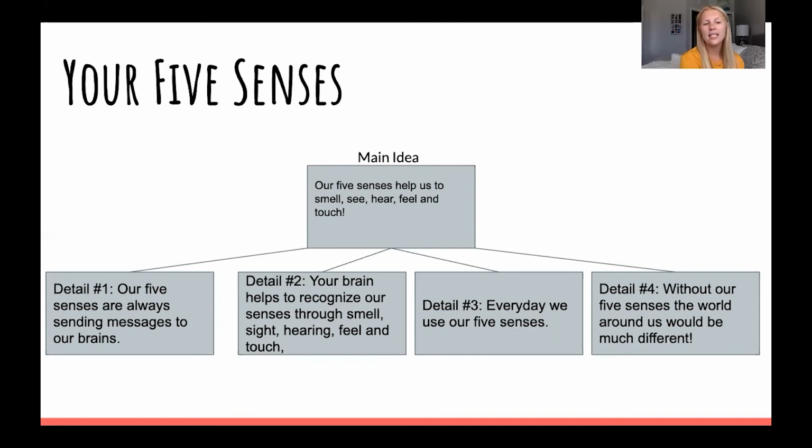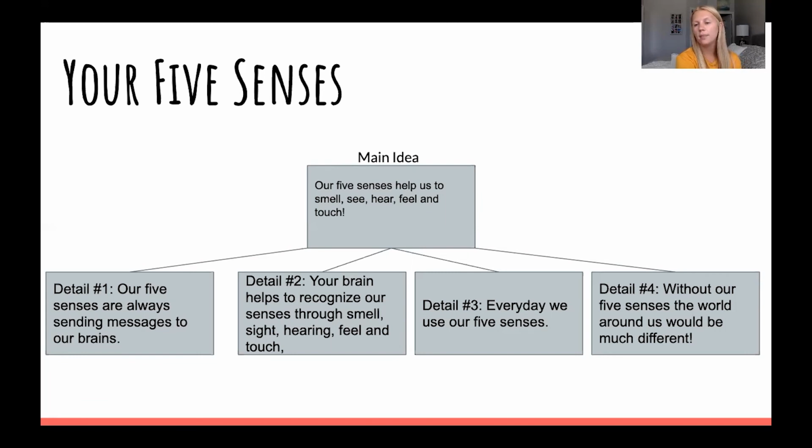Let's begin with detail 1. Our five senses are always sending messages to our brains. Detail 2, your brain helps to recognize our senses through smell, sight, hearing, feel, and touch. Detail 3, every day we use our five senses.